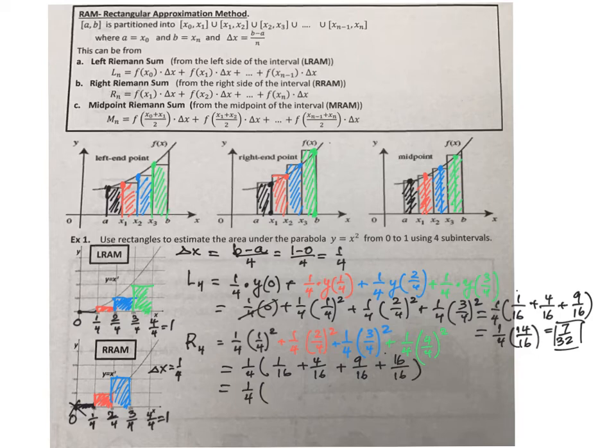We get 1/4 times 9 plus 1 plus 4, which is 14, plus 16 is 30 over 16. So when we cancel, we get 15 over 32. And let's put in square units because it's an area under the curve. So we say square units.